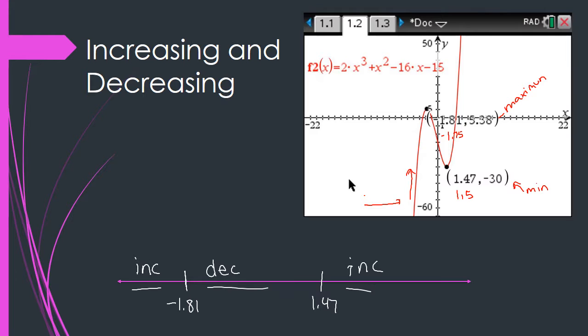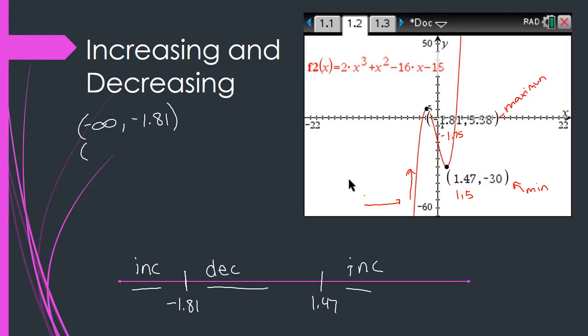So there's your graph. So now I want to write these as intervals. So my function is increasing on these two intervals. So the first one is from negative infinity to negative 1.81. I don't include this as a bound because at negative 1.81 it's neither increasing nor decreasing. That's the maximum.